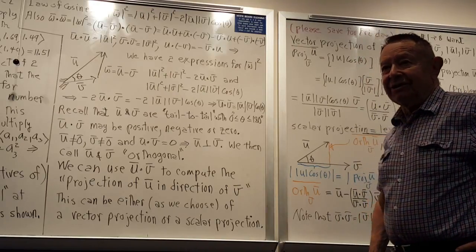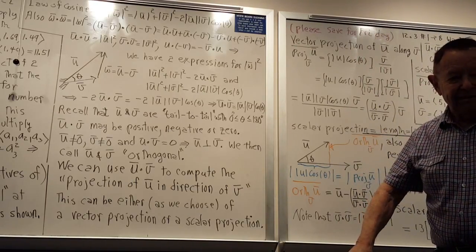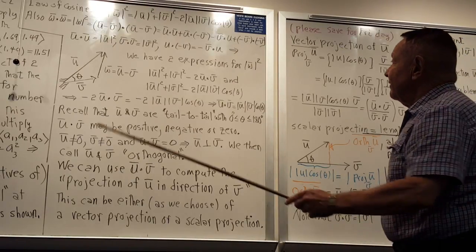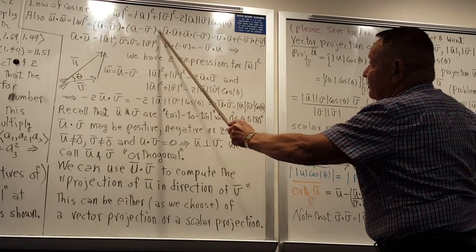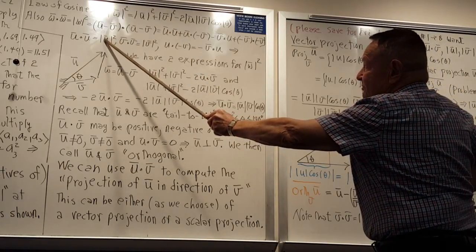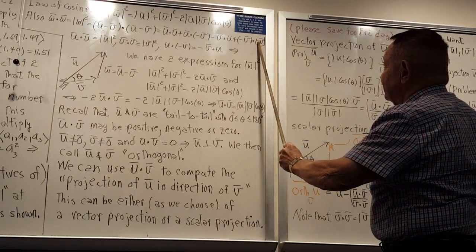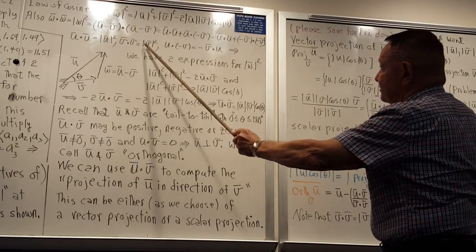So that's all that is. It's FOIL with times meaning the dot product. So then, U dot U is magnitude squared. Minus times minus is plus, and V dot V would be magnitude squared.